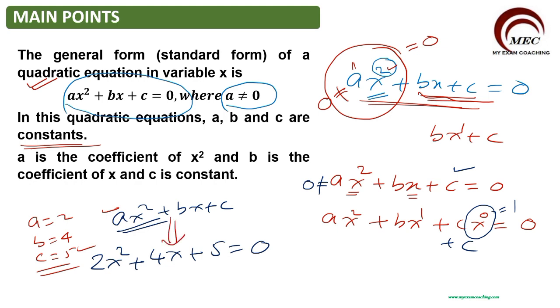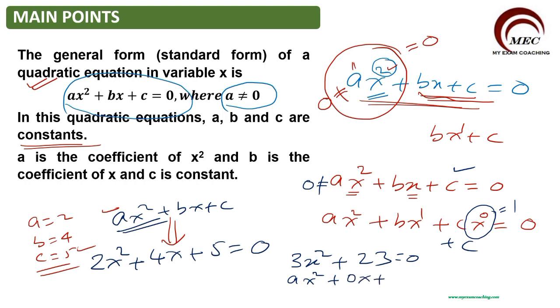Any example we can write. For example, I can write an example for a quadratic equation as 3x square plus 23. Is it a quadratic equation? Yes, it is a quadratic equation. When it becomes 0, 3x square will be ax square. Bx, there is no x term, so b will become 0, 0x plus c.